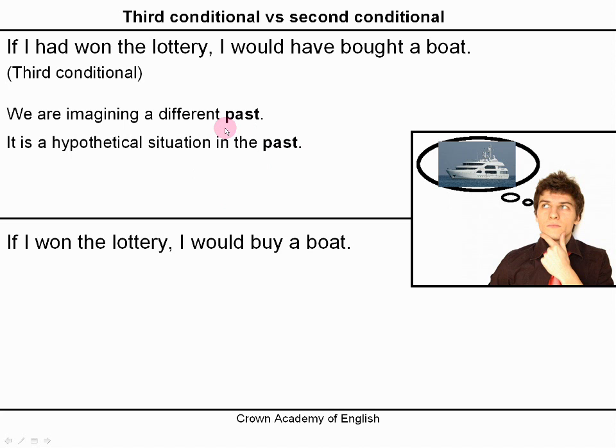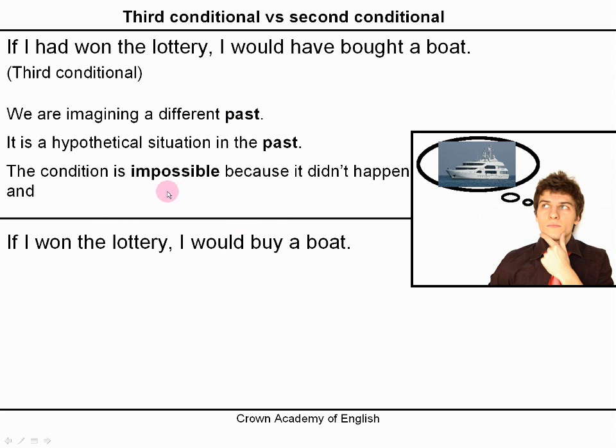Remember, I said the third conditional is the only conditional which refers to the past time. And of course, the condition is impossible because it didn't happen and it's in the past. We cannot change the past. So this is now impossible. We are saying what we would have bought if we had won the lottery. It's in the past.